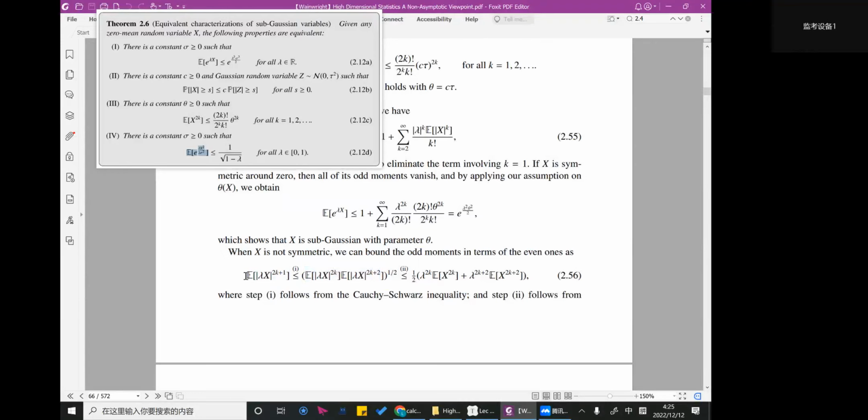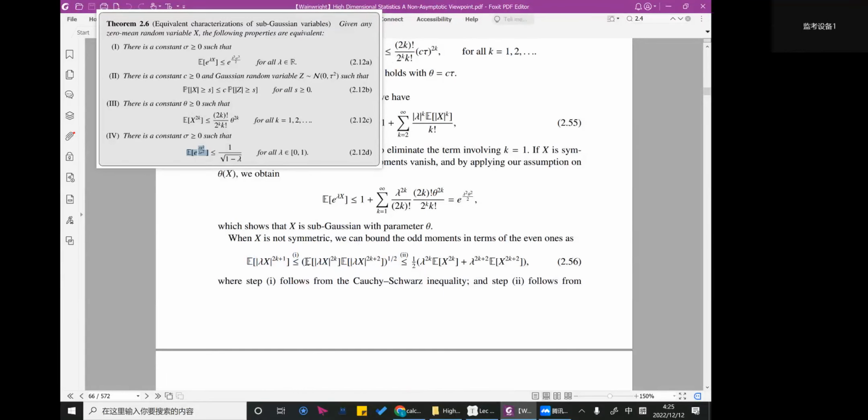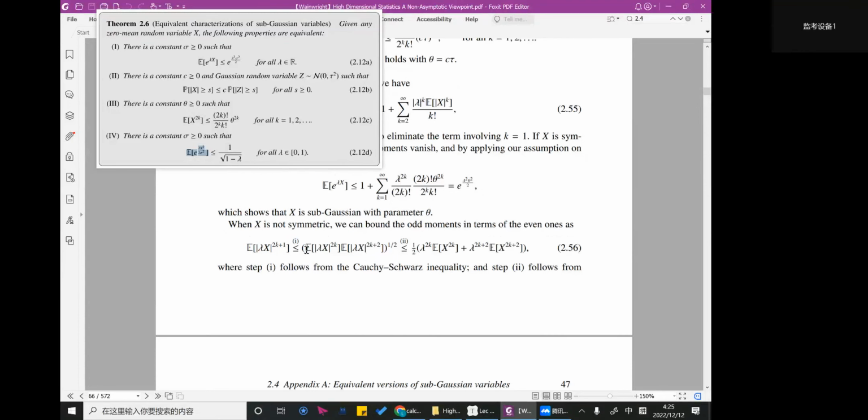So step 1 directly follows from the Cauchy-Schwarz inequality, and then we can calculate, because we already have the even order values of lambda x, like 2k and 2k plus 2.